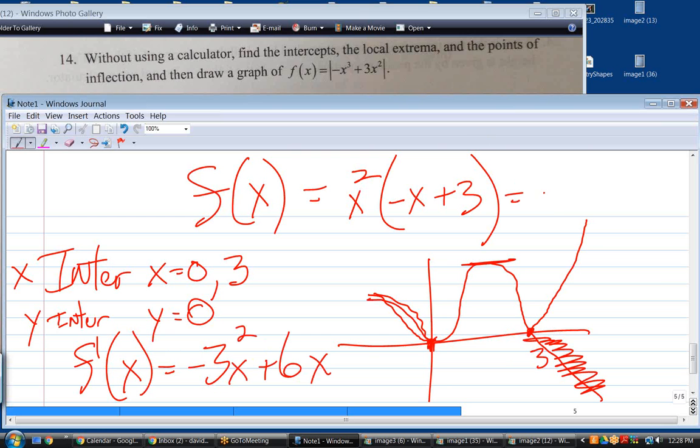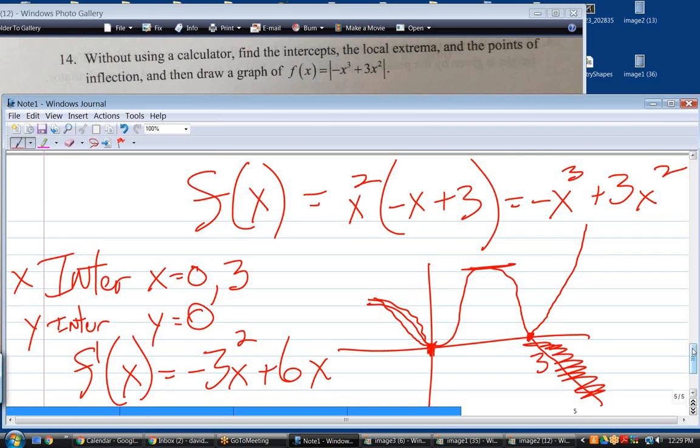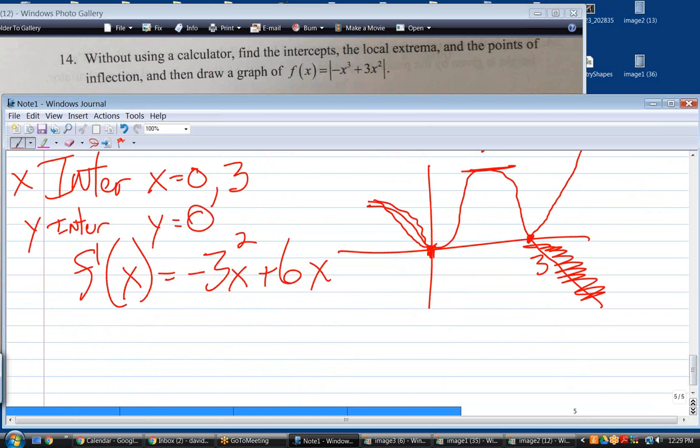Let's see, this is minus x cubed plus 3x squared. So the derivative of that is minus 3x squared plus 6x. And setting that equal to 0 will tell us where that point is on the x-axis.